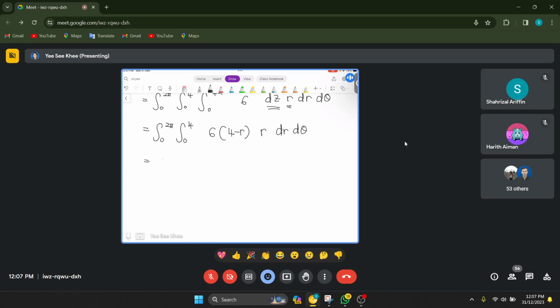So next is to perform the second integration. You can expand it into 24r minus 6r squared. Or you can press the calculator directly also, no problem.